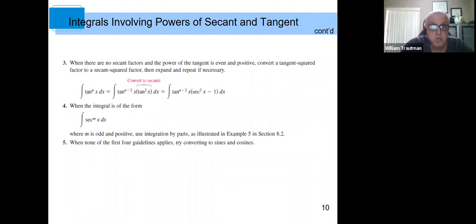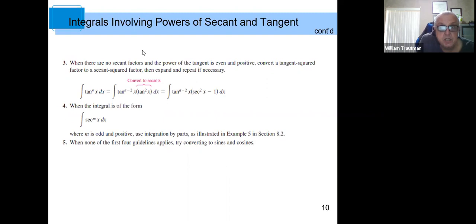So when there are no secant factors and the power of the tangent is even and positive, oh, there's even more rules. When there are no secant factors and the power of the tangent is even and positive, convert the tangent squared factor to a secant squared factor, then expand.